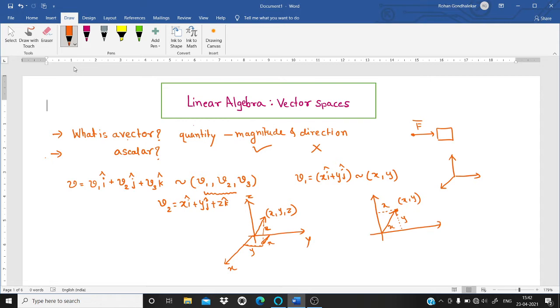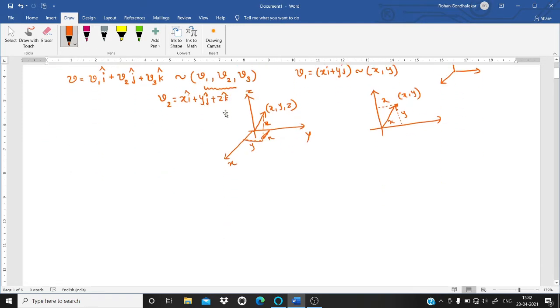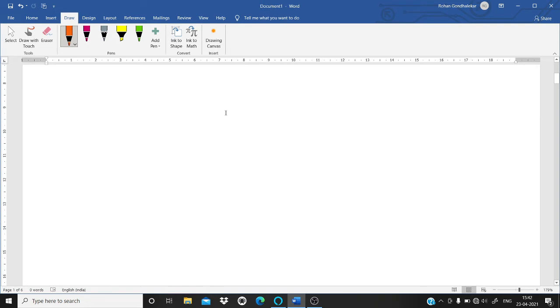Suppose I consider a vector from a vector space having 4 dimensions. We have not yet discussed what a vector space is. So we have a vector space, say R4, which is nothing but R cross R cross R cross R.